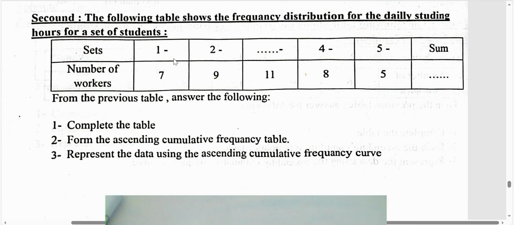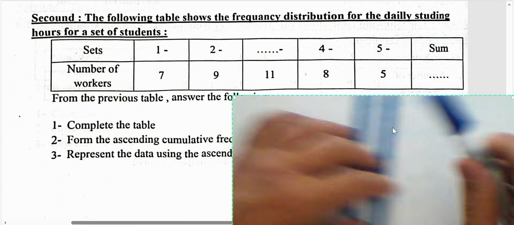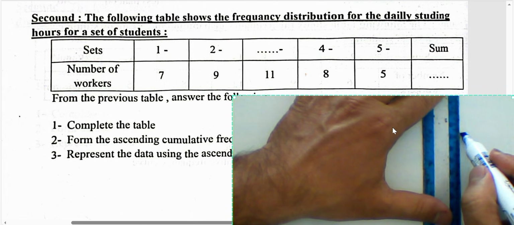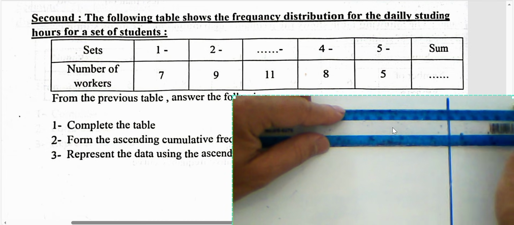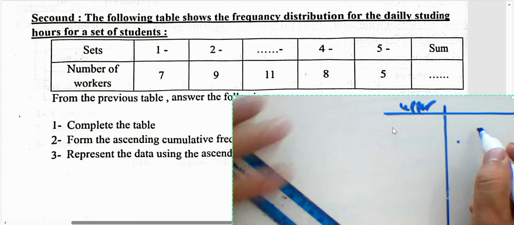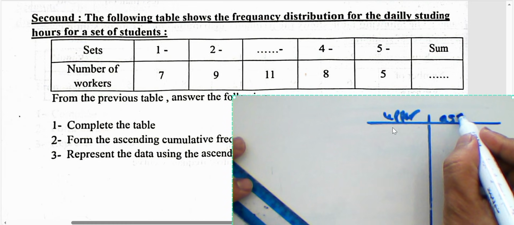Let's complete. 1, 2, 3, 4, 5. 7 plus 9, 16, plus 11, 27, 27 plus 13 equal 40, write 40 here, and then draw the table. So we can write here upper boundaries here, and ascending cumulative, write upper, and here write ascending.